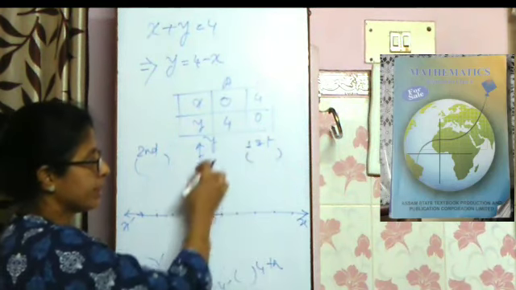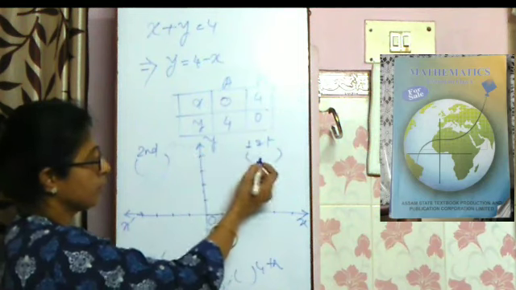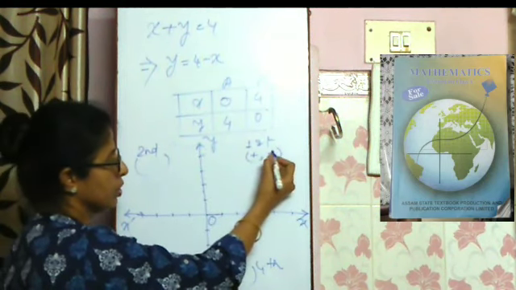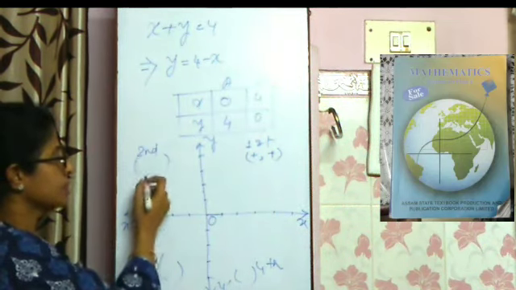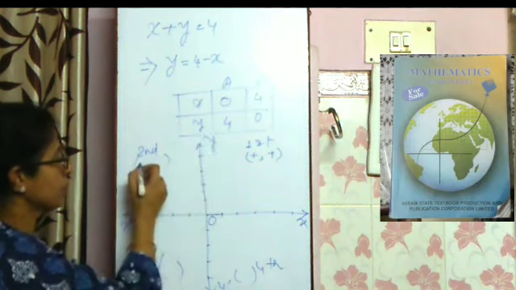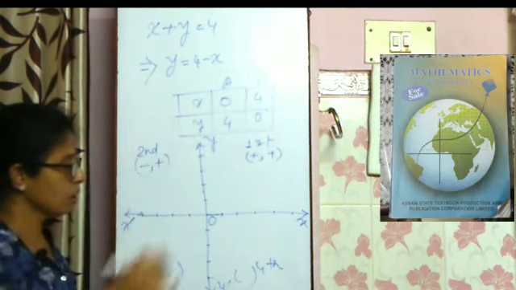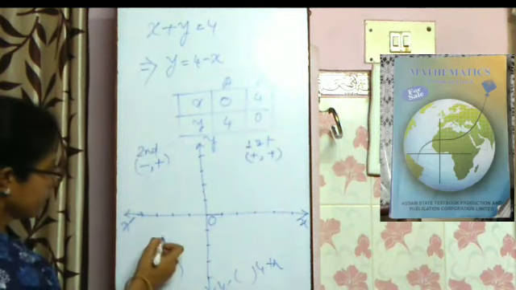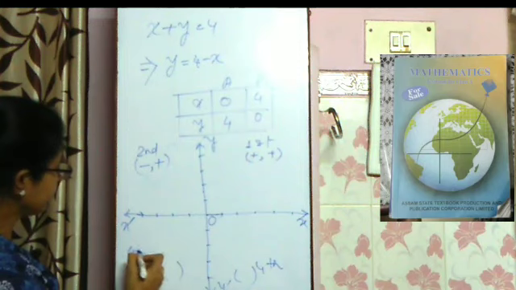So, in the first quadrant, x positive, y positive. Here this type of points will be plotted. Secondly, this side, x is negative, y is positive. Third quadrant, both x and y are negative.